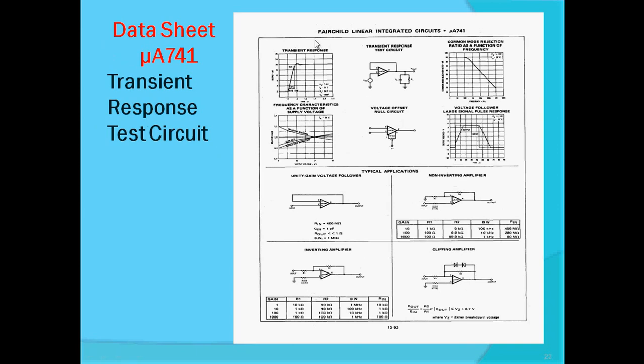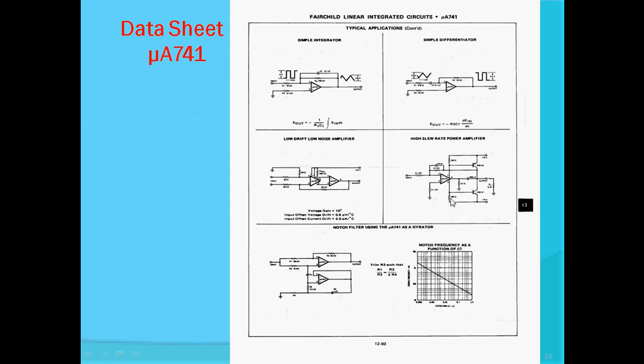Some transient response test circuits are also given here, with the help of which we can determine the transient response of the op-amp. Some applications are also given: unity gain amplifier, non-inverting amplifier, inverting amplifier, clipping circuits, integrator, differentiator, low noise amplifier, and slew rate power amplifiers.